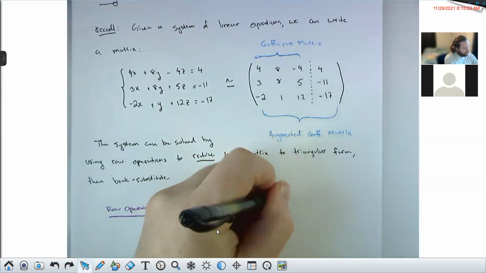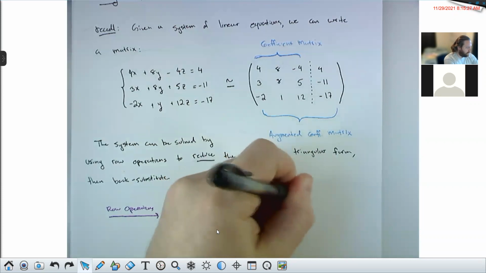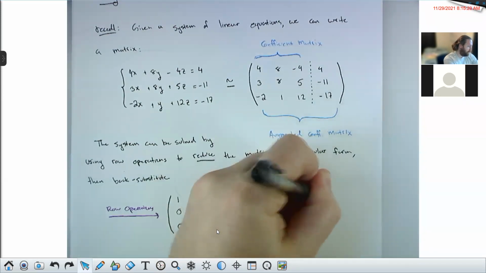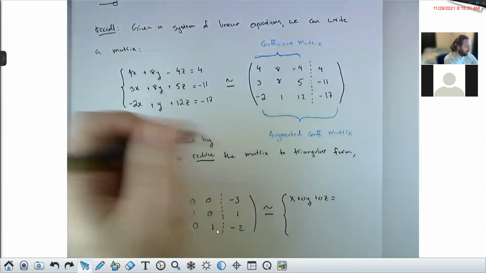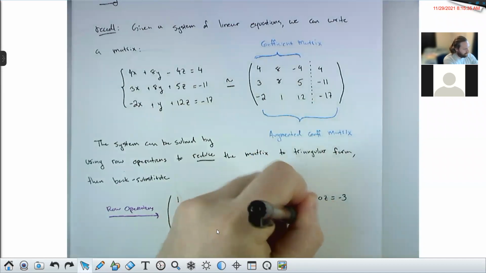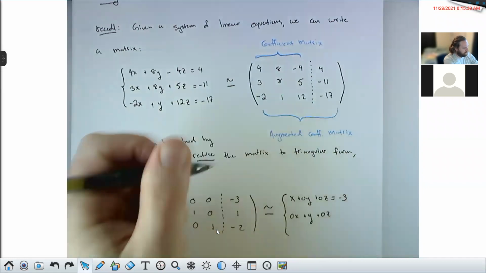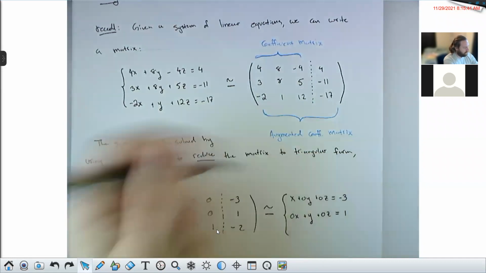that this is now equivalent to the system x plus 0y plus 0z equals -3. 0x plus 1y plus 0z equals 1.